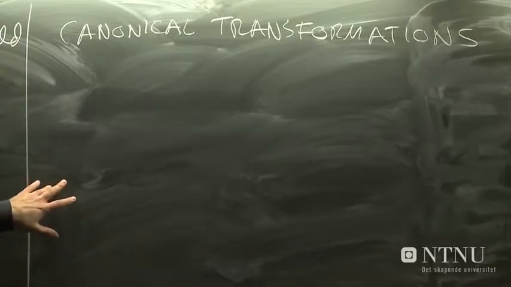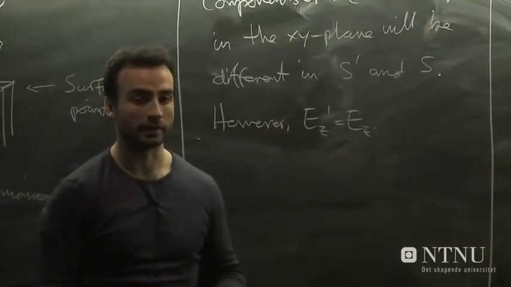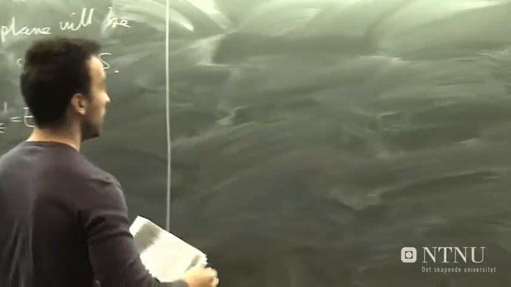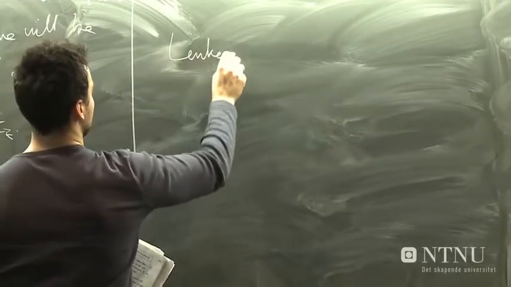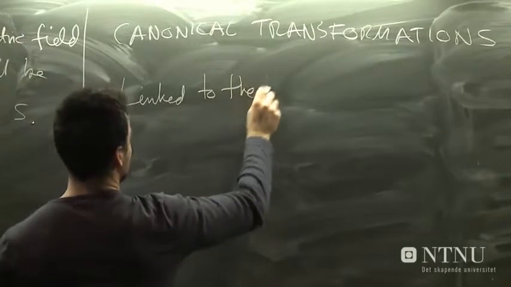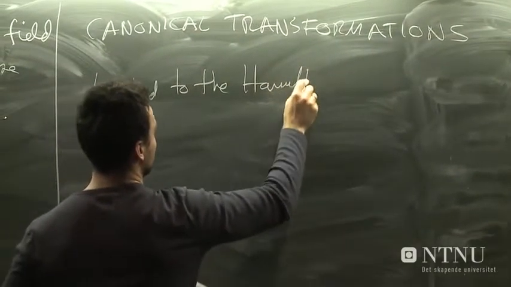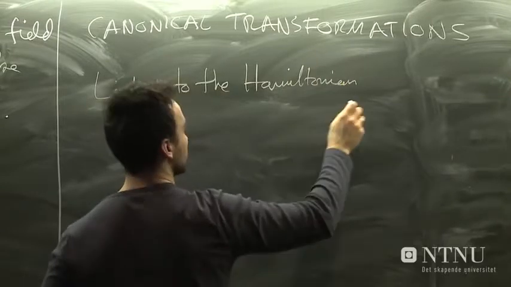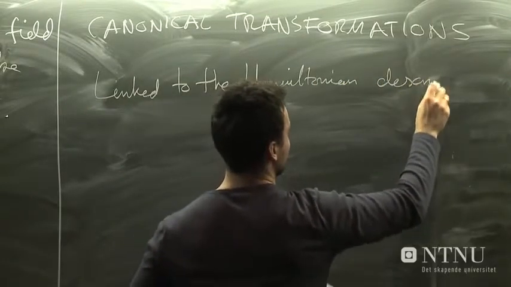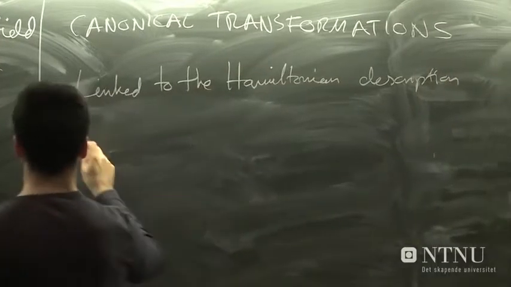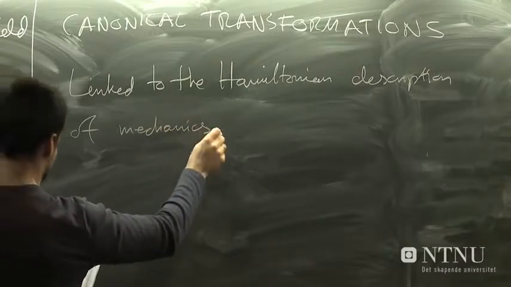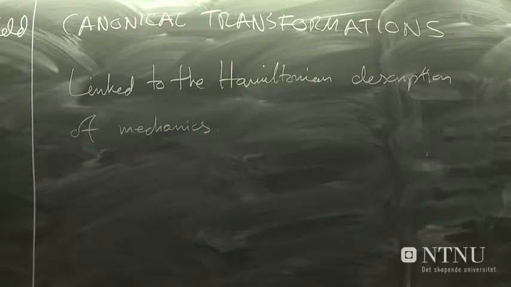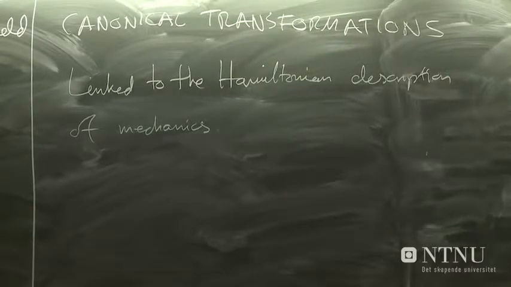Now, canonical transformations are linked to the Hamiltonian description of classical systems of mechanics. So we're basically going to revisit our old friends, the Hamiltonian and the Lagrangian formalism.